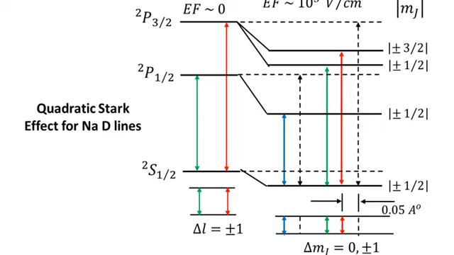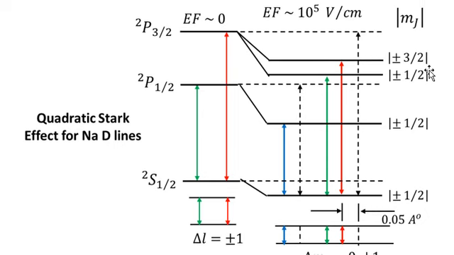Now I have shown the transitions between these levels. The transitions between the original levels in the absence of the electric field are shown by the dotted lines. For example, the longest dotted line corresponds to the red line under no electric field, and the second dotted line corresponds to the green line under no electric field.